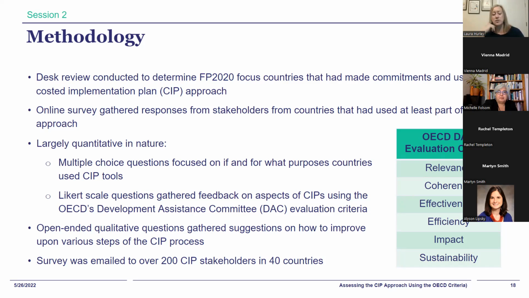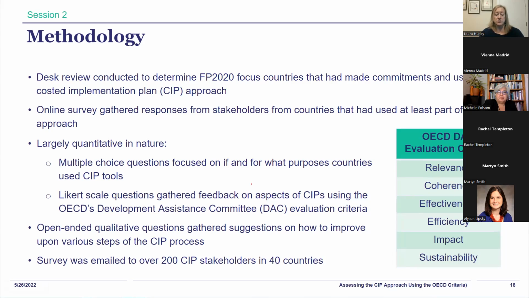The Likert scale questions gathered feedback following the OECD DAC evaluation criteria shown here in the green box. So for the purposes of our assessment and on the survey, we defined relevance as the extent to which CIP processes responded to the country's needs. We defined coherence as compatibility of the CIP with other priorities. Effectiveness as the extent to which the CIP achieved its objectives.